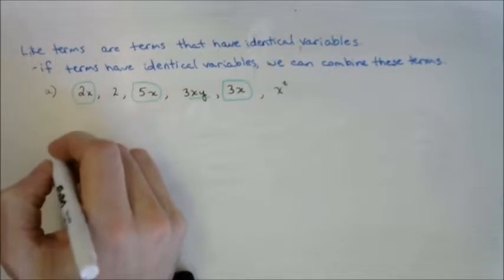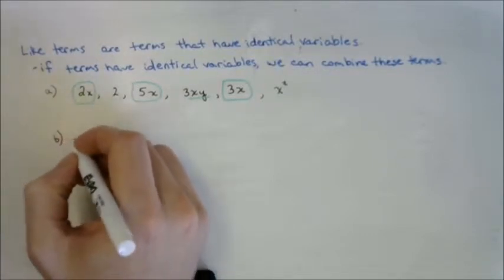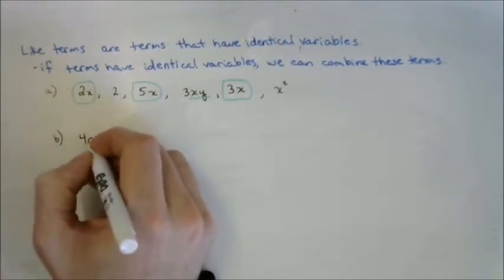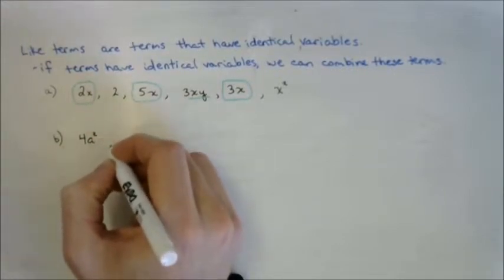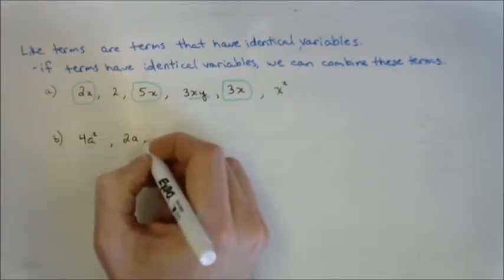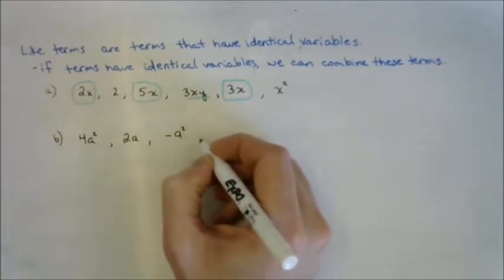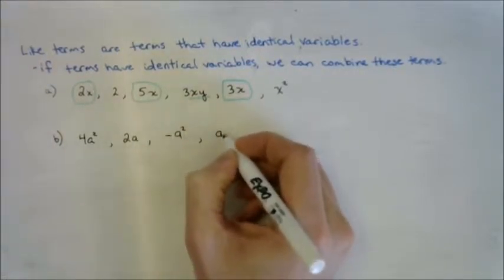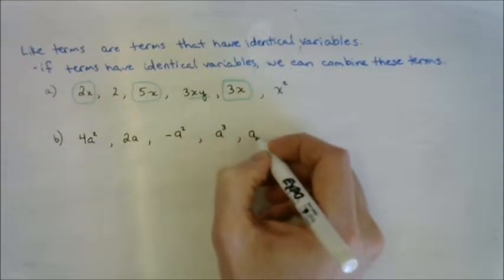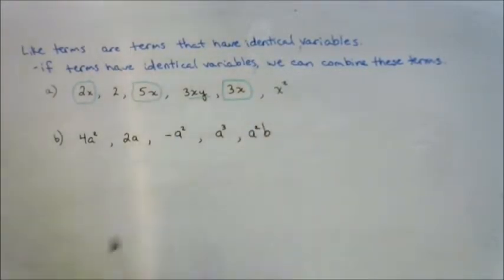Let's go with B. B, the list of terms is 4a squared, comma, 2a, comma, negative a squared, comma, a cubed, and a squared b. Somebody, what are the like terms?